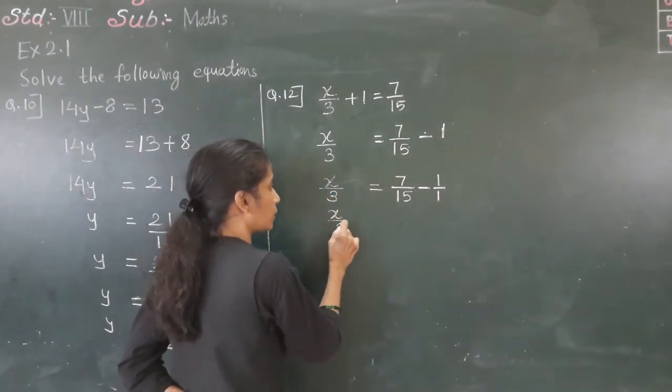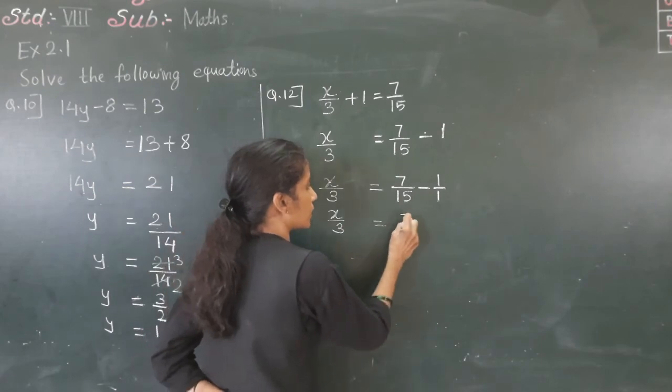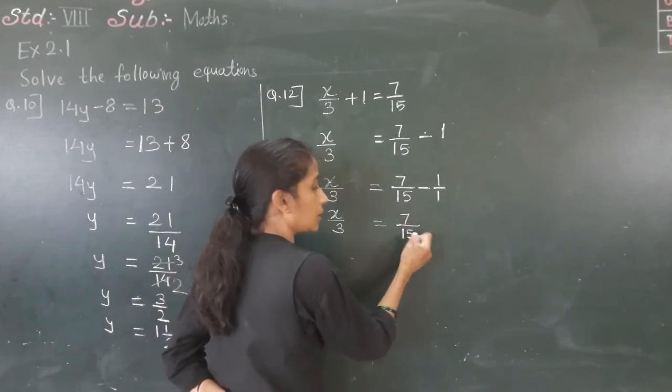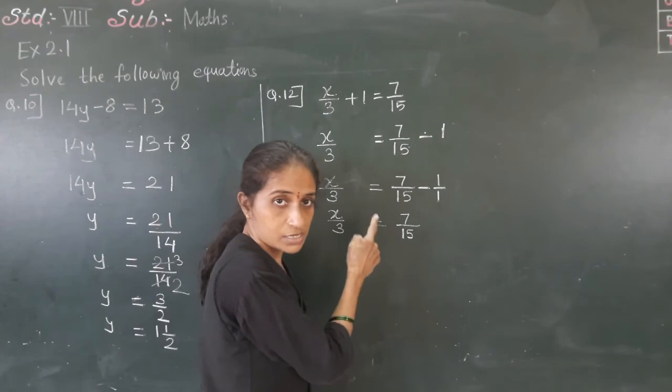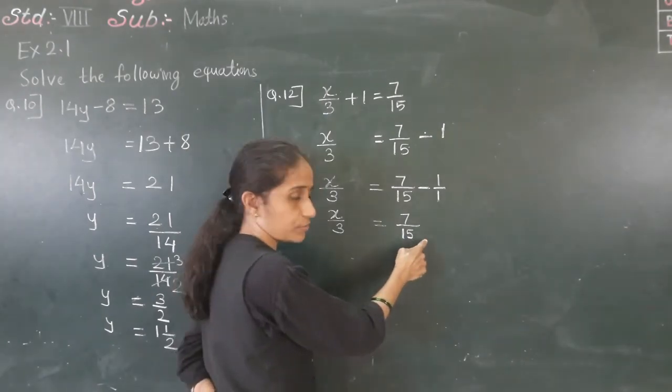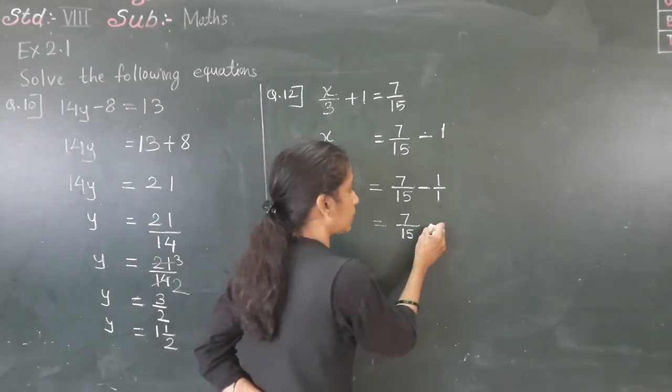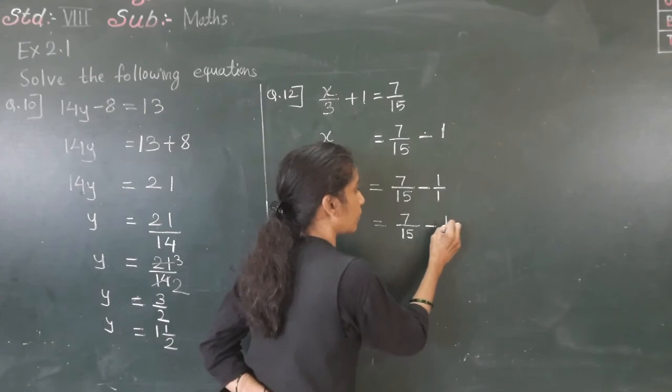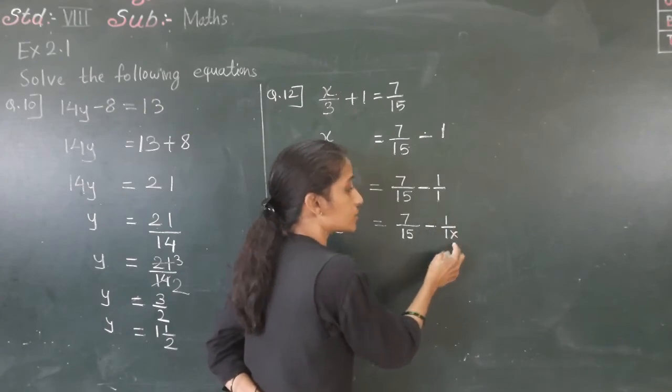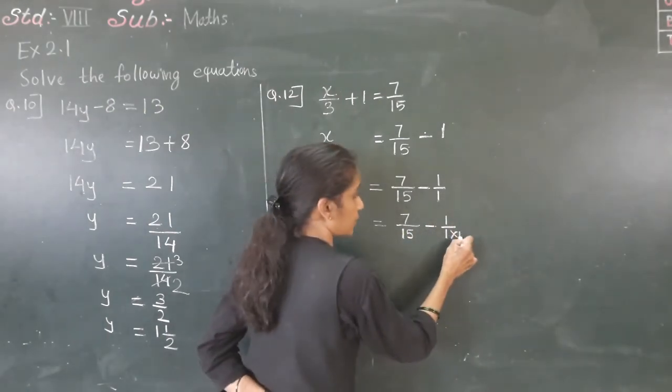So x upon 3 is equal to 7 upon 15. LCM is 15. 15 ones are 15. So no need to multiply with any number here. Minus 1 upon 1. 1 15s are 15.